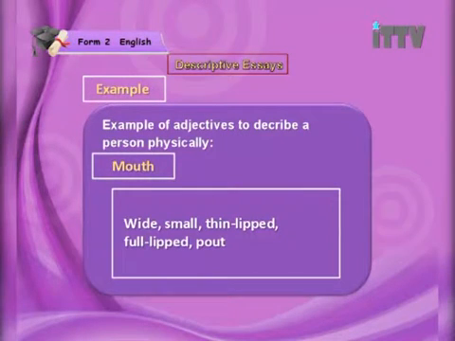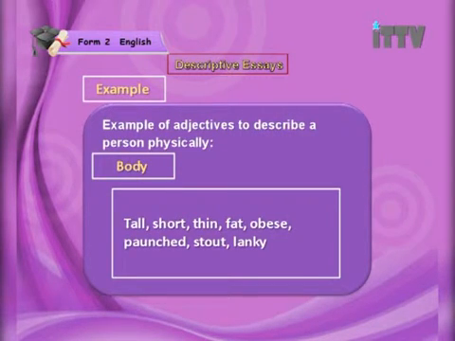Now let's look at the example of describing a person's mouth. A person could have a wide mouth, a small mouth, thin-lipped, full-lipped, or even a pout. And how about physically describing a person's body?